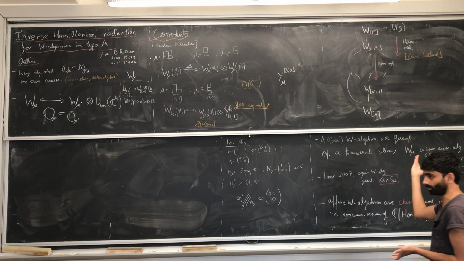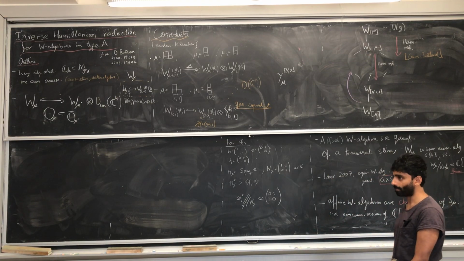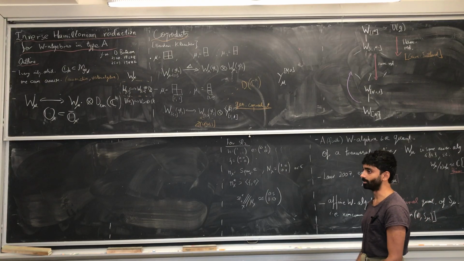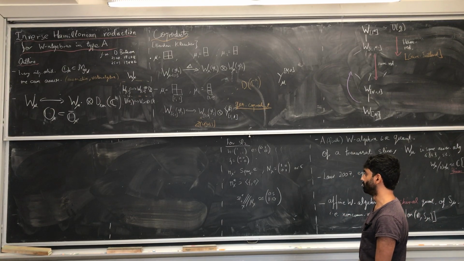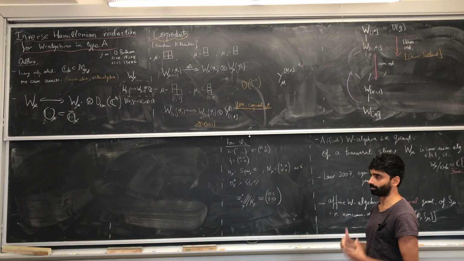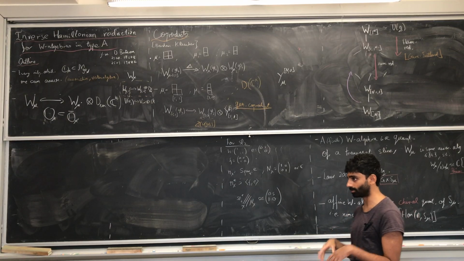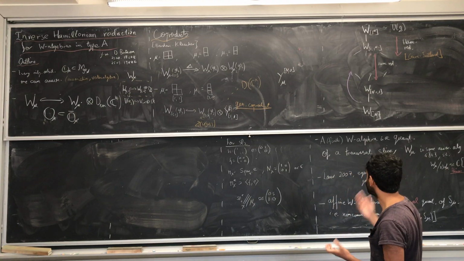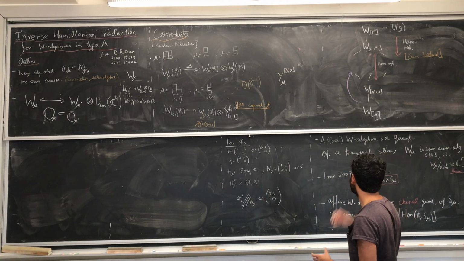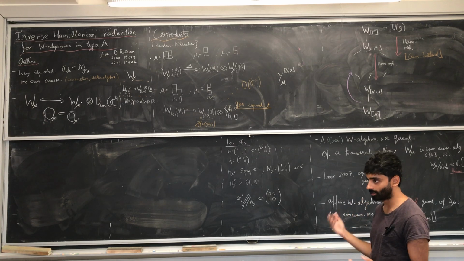It's a really important tool, and it's being used to study a lot of this representation theory in these low rank examples where people just did this by hand. So being able to show this for general type A just gives you a lot of power.